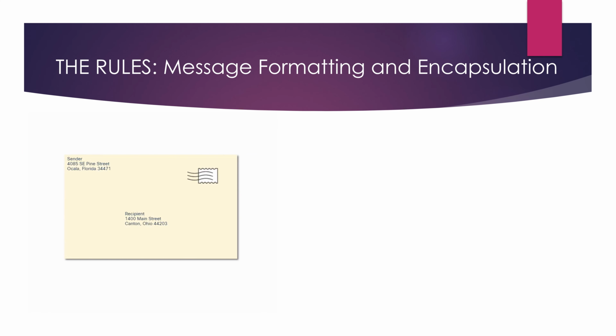When a message is sent from source to destination, it must use a specific format or structure. Message formats depend on the type of message and the channel that is used to deliver the message. We're still going to use the analogy between human communication and network communication.